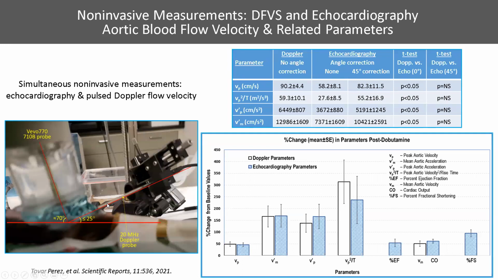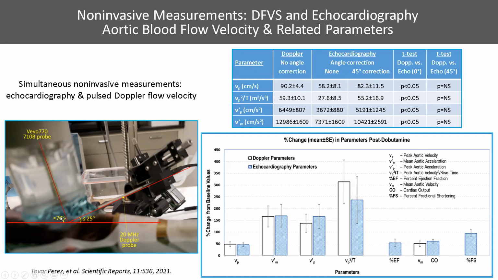So what we did was to put some of this debate to rest, if you will. We used the echo probe. Simultaneously, we put a Doppler probe, and you can see that we tried to get it as low as possible, given the constraints of the board and things with the echo.